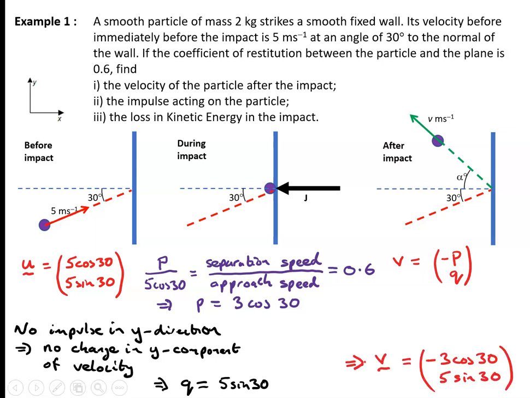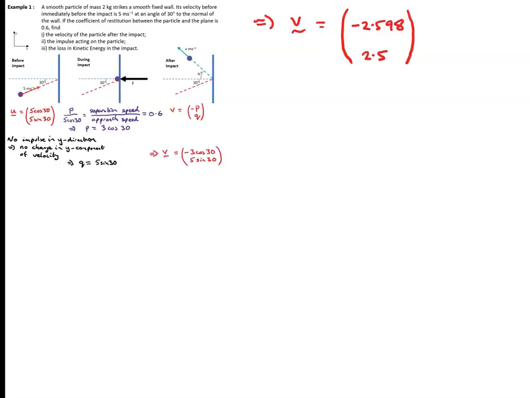So now, as a vector, the final velocity is (-3 cos 30, 5 sin 30), which we can evaluate: the velocity of departure from the wall is (-2.598, 2.5).